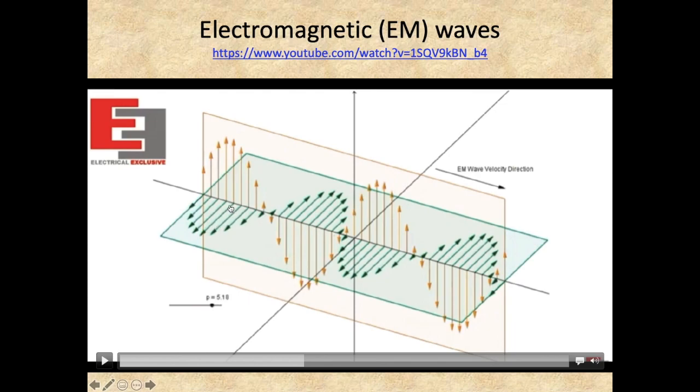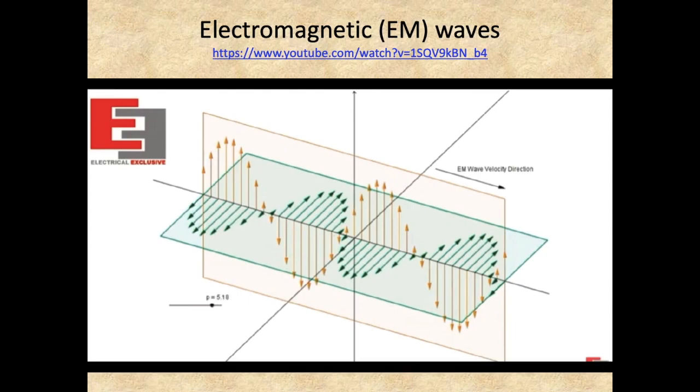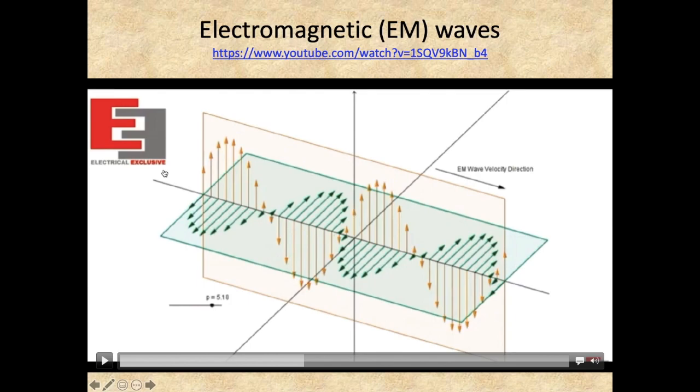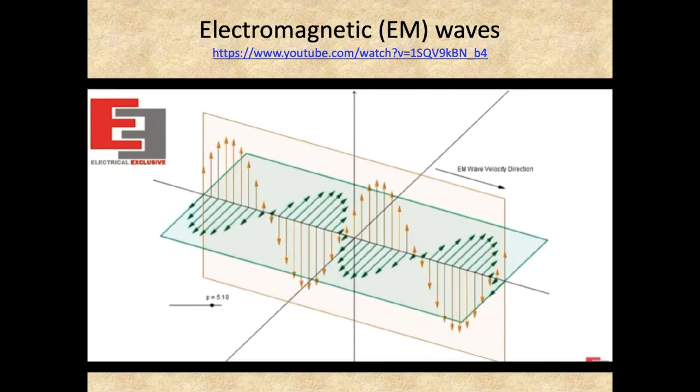You might remember from topic 5, a moving charge creates a magnetic field in the direction perpendicular to the motion of the particle. Linking that to this unit, when a charge oscillates, its electric field oscillates with it. An oscillation means it's constantly accelerating. That means its magnitude is constantly changing, and that means in a perpendicular direction, the magnetic field vector is also changing.